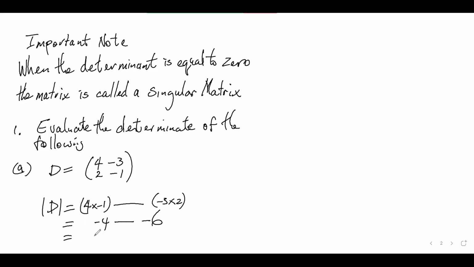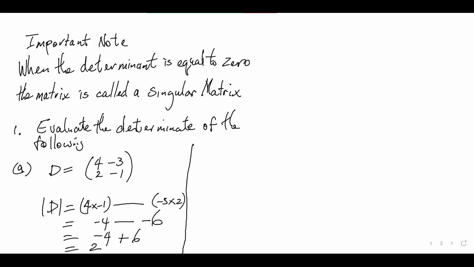So that is -4 minus -6, which is -4 plus 6. A minus and a minus gives a plus. So your answer is 2. So this is not a singular matrix.